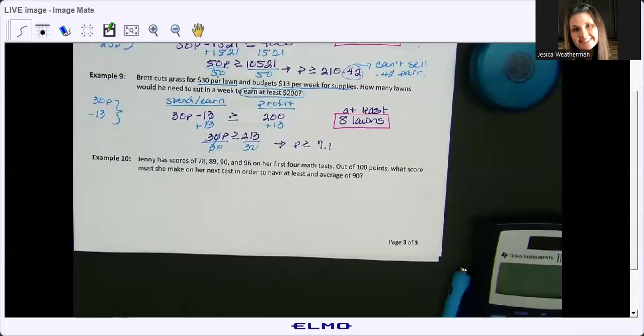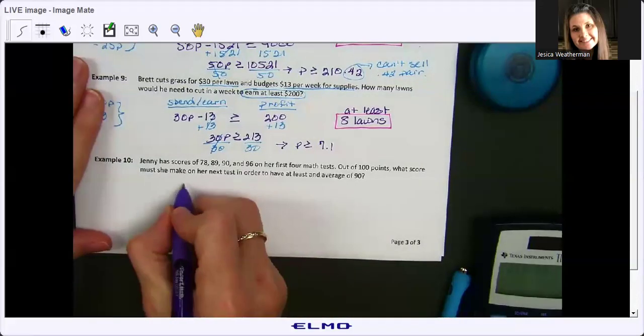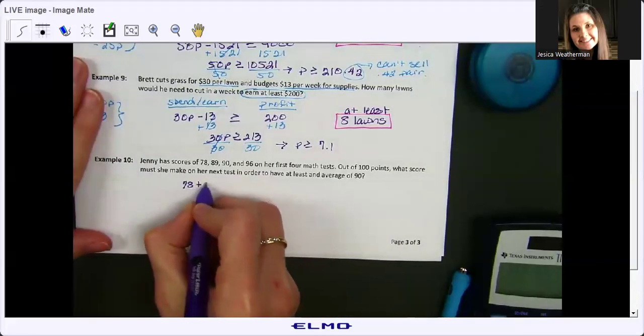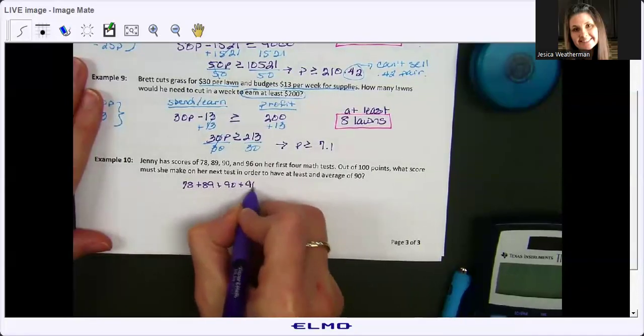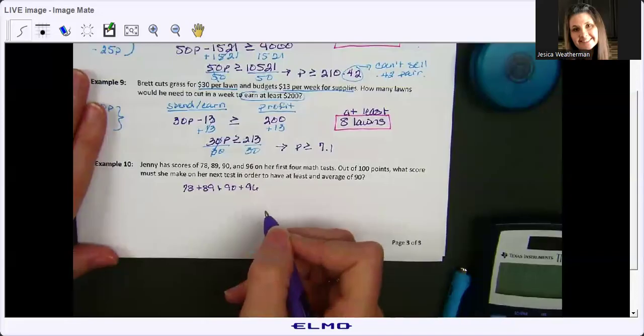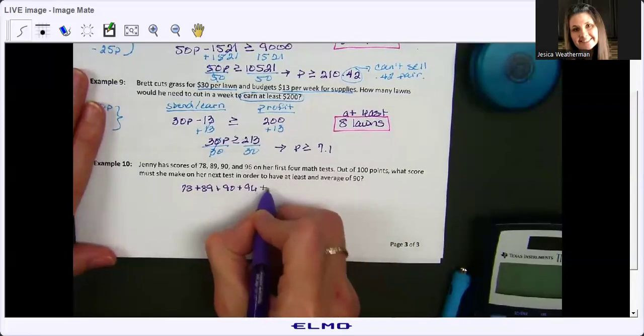And Mason said you have to add all the tests together and then divide by how many tests. So we're going to add all the tests together and divide by 5. But we don't know what the 5th test is, so we're going to use a variable for that. So we have 78 plus 89 plus 90 plus 96 plus x for the next test.